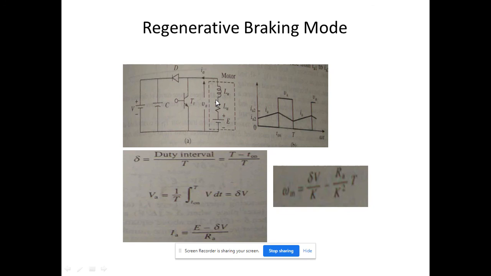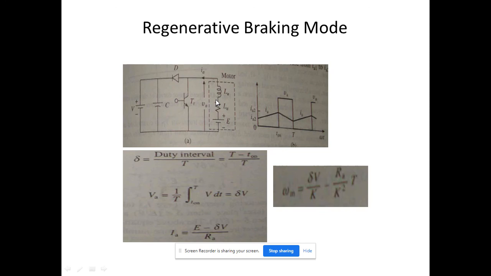So when TR is on, Ia increases from Ia1 to Ia2. And now the mechanical energy is converted into electrical by the motor, and the motor acts as a generator.